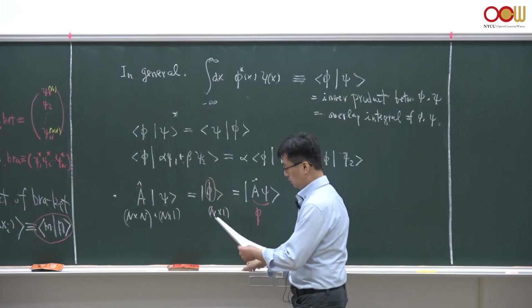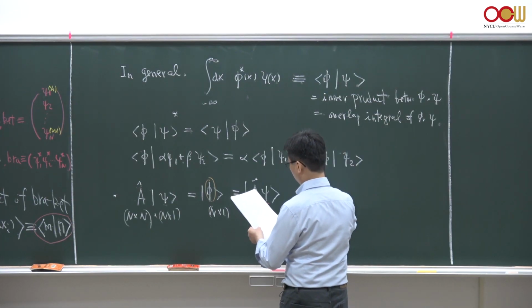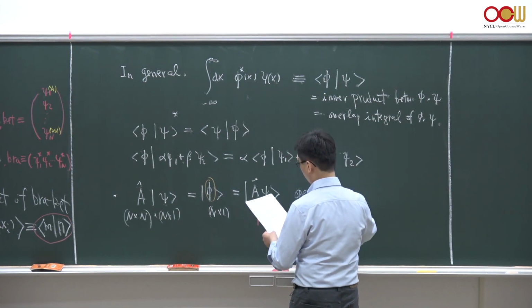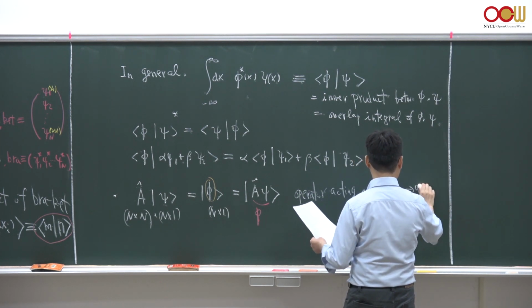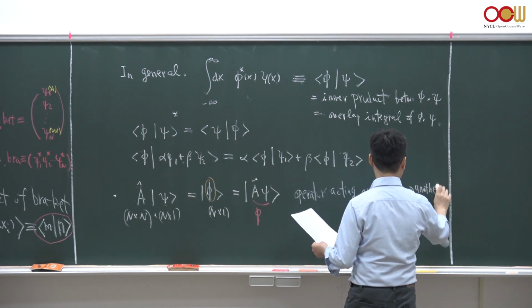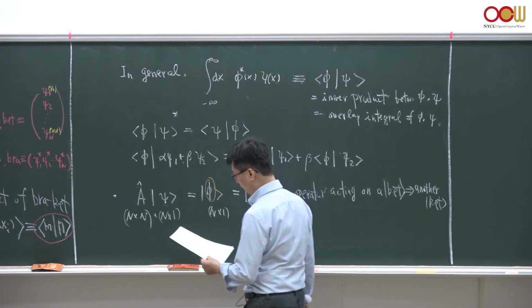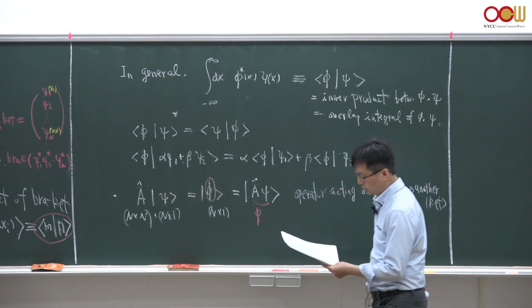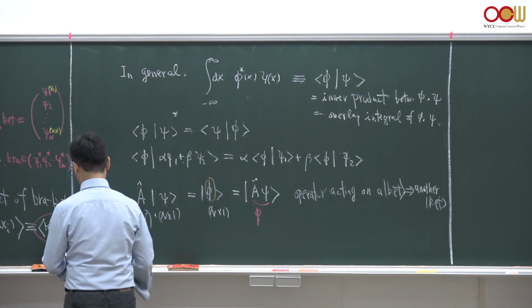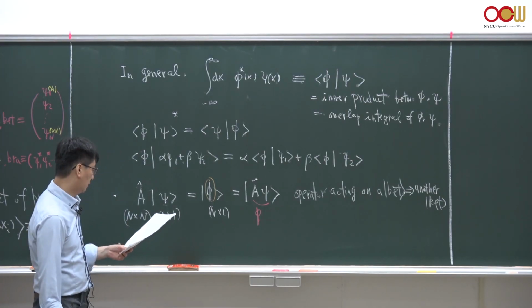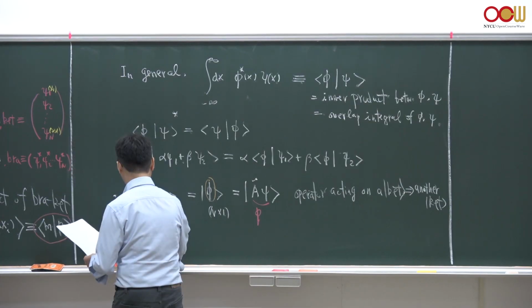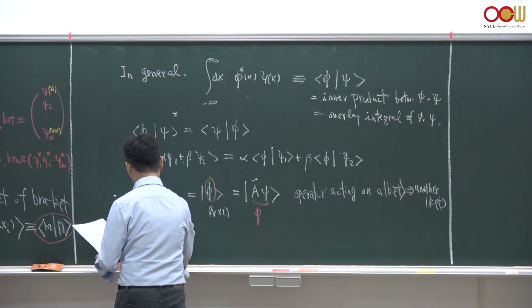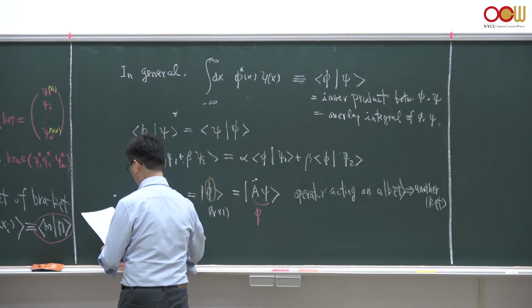Which means that the operator, when acting on a ket state, gives another ket state. Okay, so likewise we could rewrite the definition that we defined earlier regarding the expectation value of A and A dagger, but in this Dirac notation.